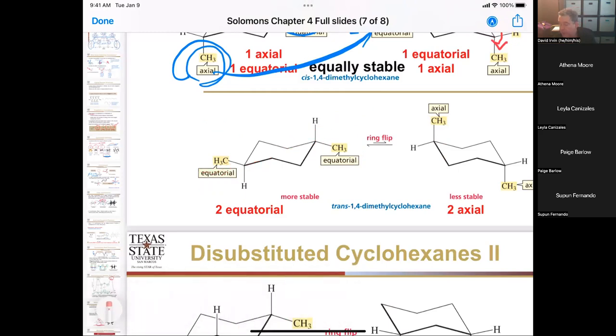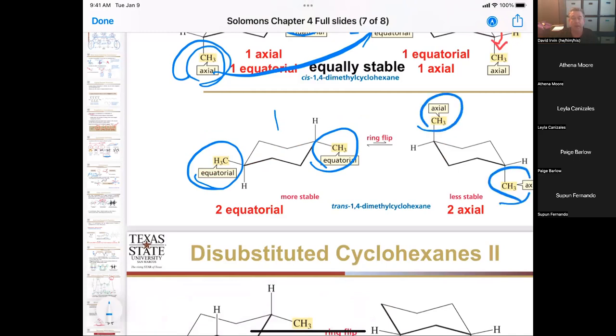When we have our trans isomer in our first position here, we have an equatorial and an equatorial. So this is our chair 1. And if we flip it, our equatorials become axials and our axials become equatorials, which means both of these equatorials now become axials. Okay, so which is more stable?